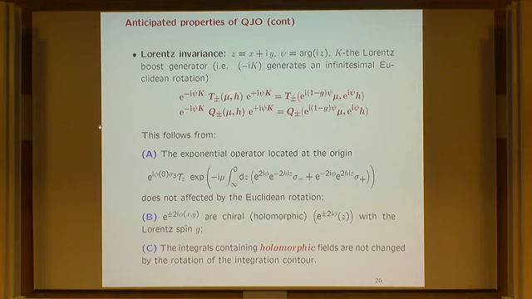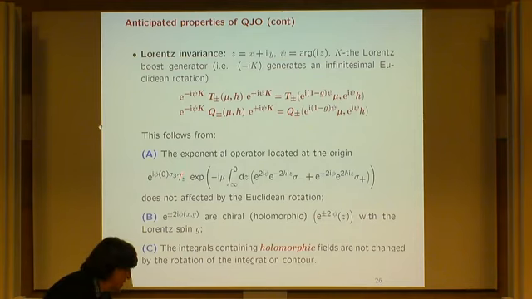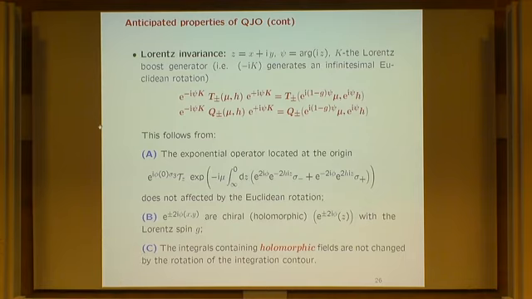So under the action of the Lorentz boost, you can compensate it by rotations of the field h and the parameter, the angle phi. How to show this? Well, again, not a proof, but we have some heuristic argument. We start with the formal expression like this and apply the Lorentz boost. This is the insertion of the operator in the center, right? Of course, we rotate about this point, so this operator will not be affected.